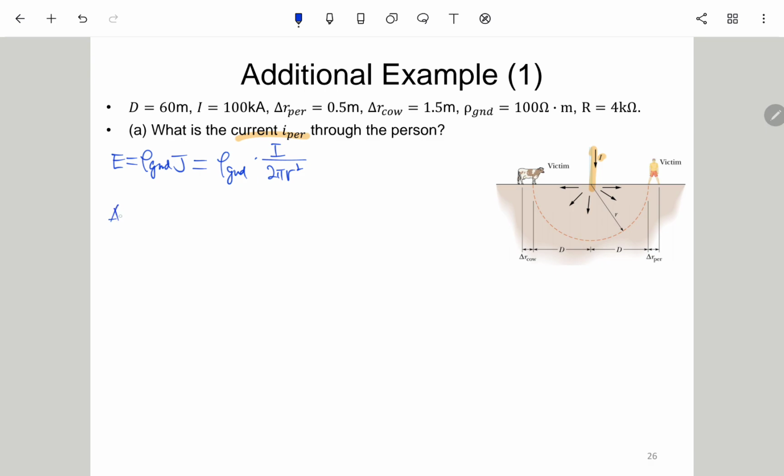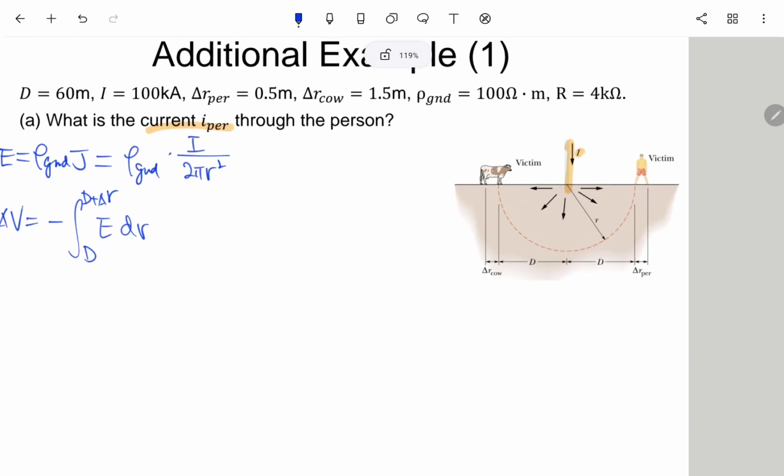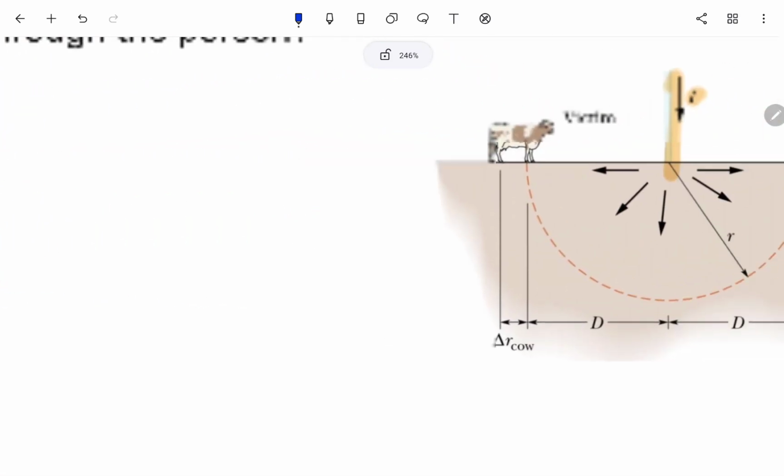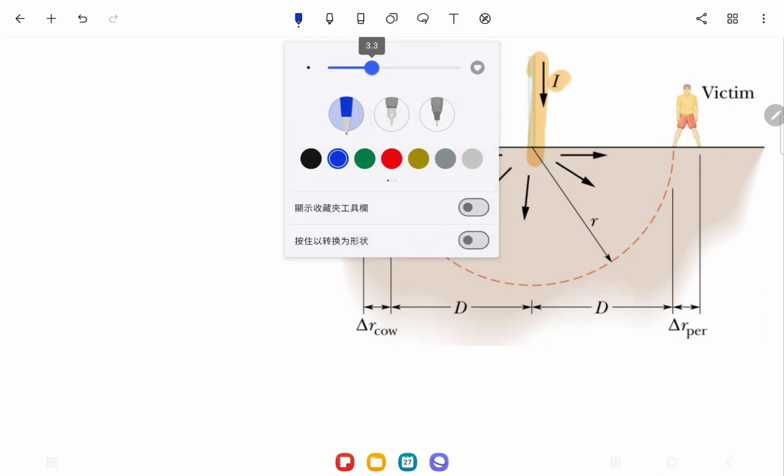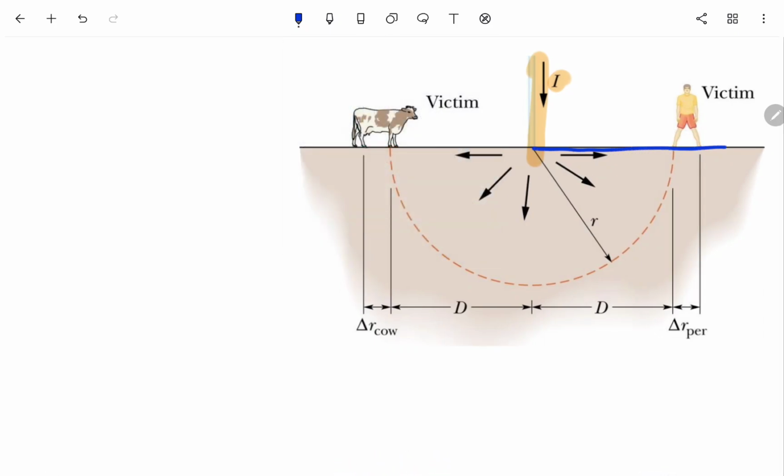So the delta V for the person will be negative the integral of E dr from capital D to D plus delta R. Here we consider the person, so along the r axis, this is 0, this is D, and this is D plus delta R person.